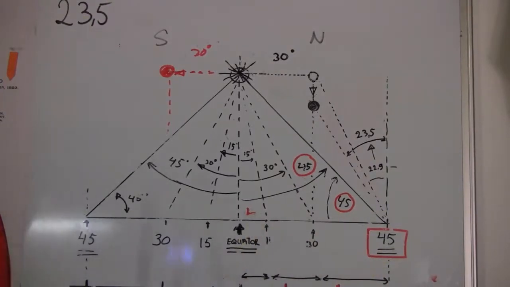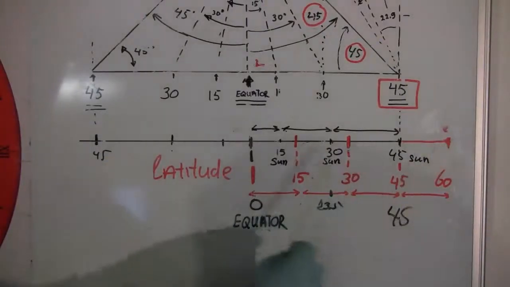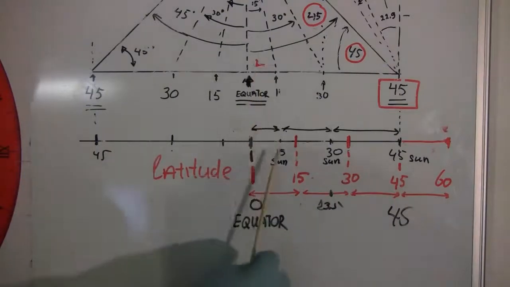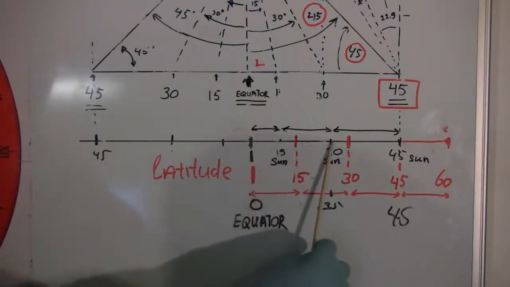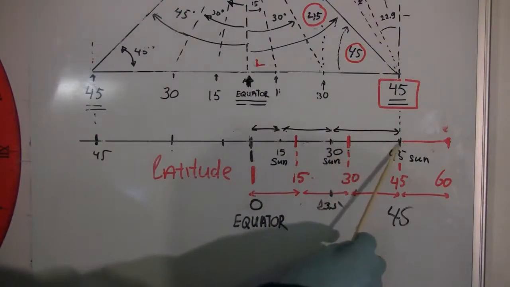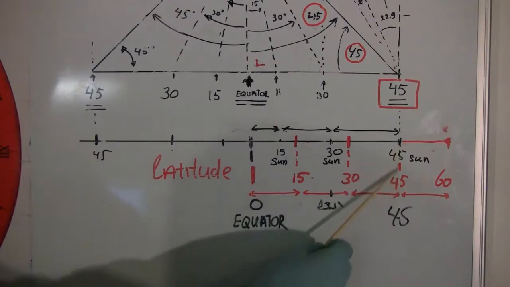Let me draw an equator and explain more on an equator line. Okay, this is the latitude. This is the latitude. This is the sun's degree, 15, 30. But on 45, the angle of the sun is the same as the latitude.